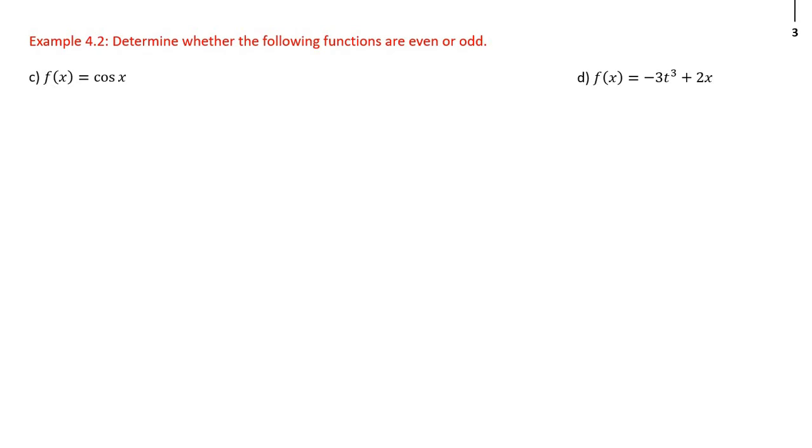f(x) equals cos x. As usual, we put negative beside the variable, which gives cos negative x. Using the trigonometric identity, cos negative x equals cos x.